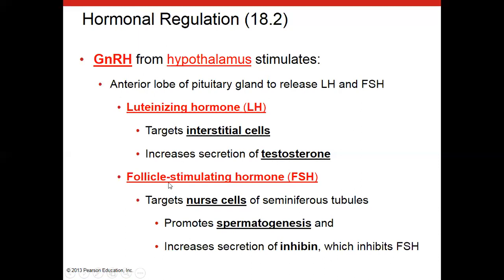Follicle stimulating hormone, another pituitary hormone, targets nurse cells and stimulates them to release all of the nutrients and enzymes that are needed for spermatogenesis, and basically promotes that mechanism. It also promotes the production of a hormone called inhibin, which feeds back in a negative feedback manner to inhibit the production of FSH.